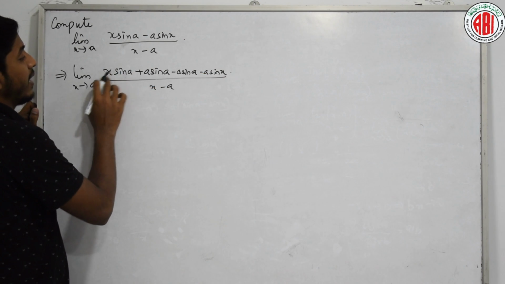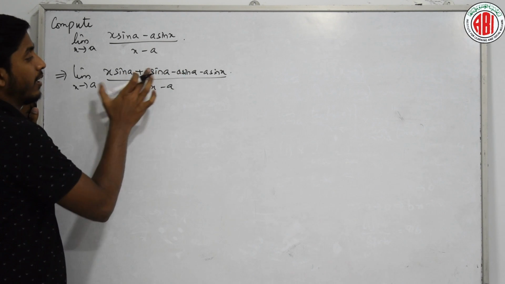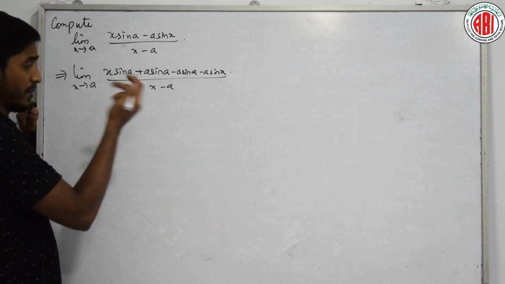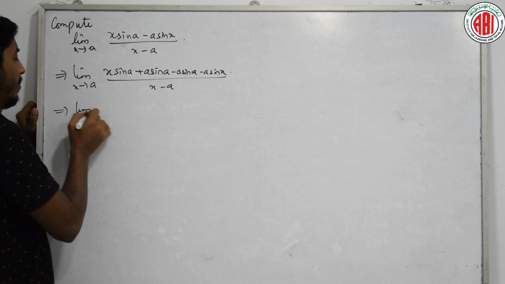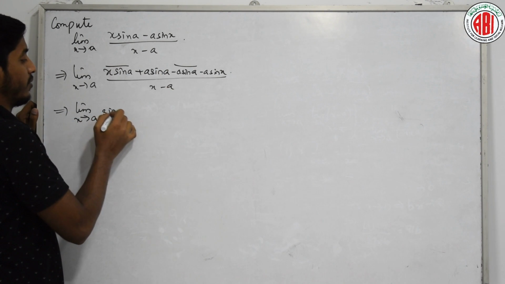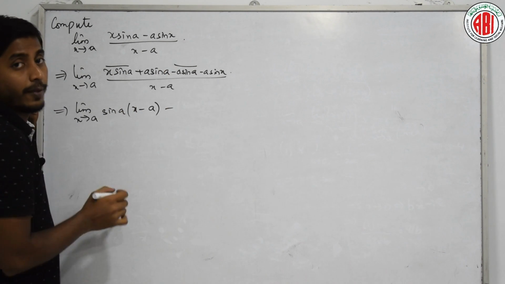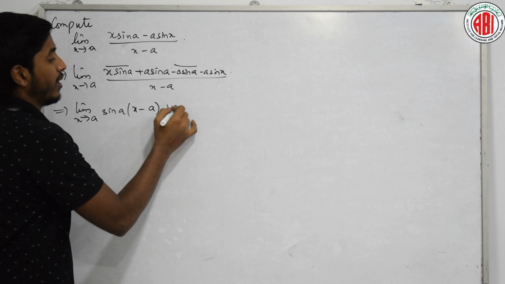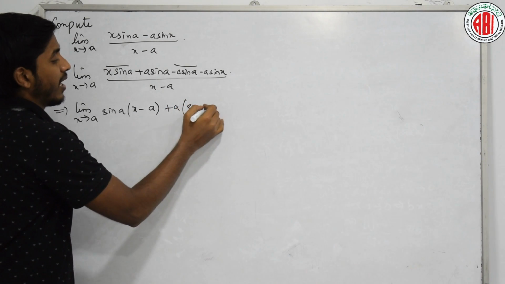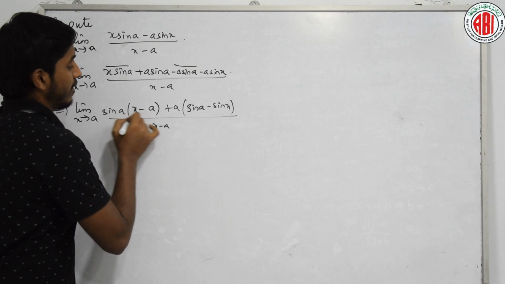Now let us take sin a common from these two terms. Why? I will tell you. Limit x tends to a. If I take sin a from these two terms as common, here x is left, here a is left. The next, if I take a common here, that will become (sin a minus sin x) whole divided by (x minus a).